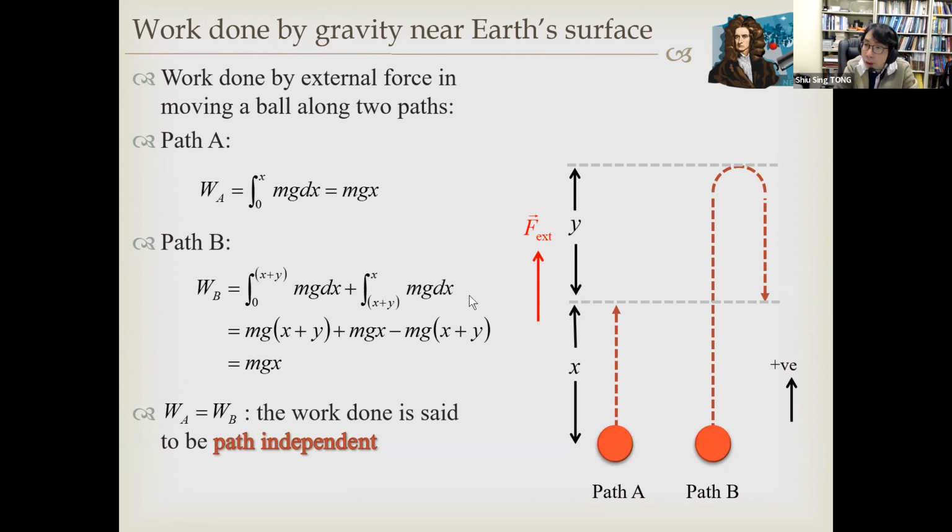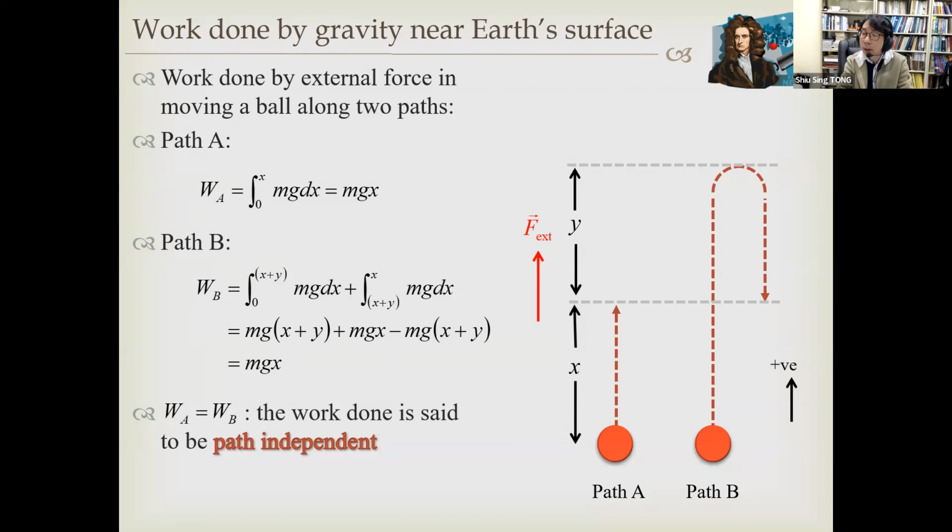So I now do two integrals, but I find that the mg(x+y) in the first integral cancels with the minus mg(x+y) in the second integral, because one is the upper limit and the other is the lower limit, so they differ just by a minus sign. So this term cancels, and eventually I get mgx.